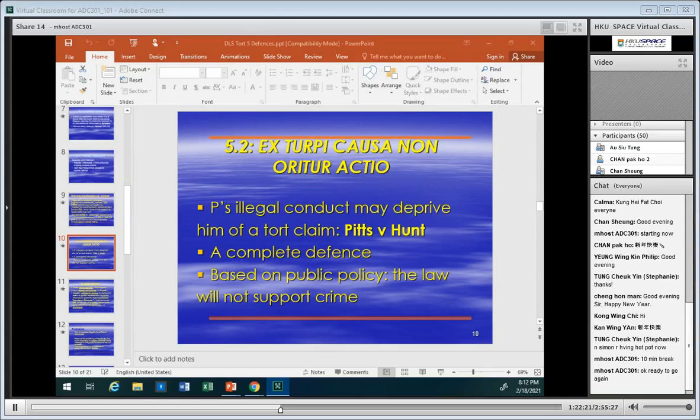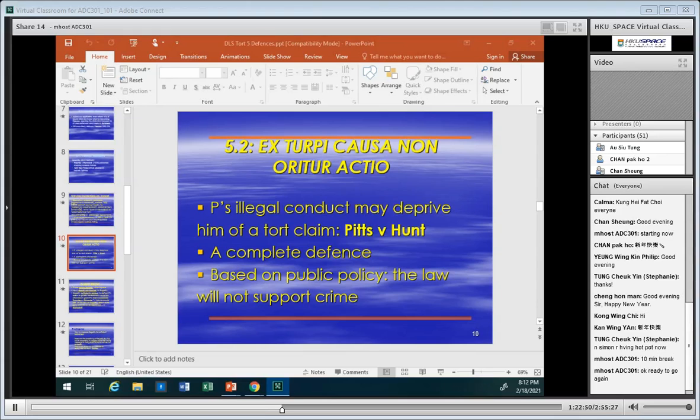And again, if the defendant successfully pleads ex turpi causa, the plaintiff will end up with no damages. So that does not fit in with the main function of tort law, which is compensation to the victim of the tort. But ex turpi causa is a complete defence because it's based on the public policy that the law will not support crime.